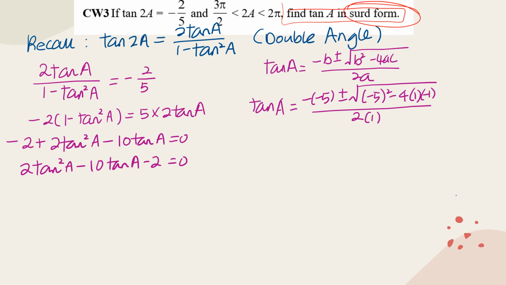It's not a rational number. It's not like 2/3, half, or 1 or 2, -3. If it's in surd form, it means you will have to use the quadratic formula. Okay, anything that you see this surd means you have to use your quadratic formula to find the values of tangent A.